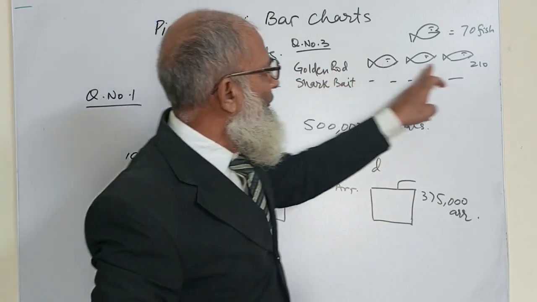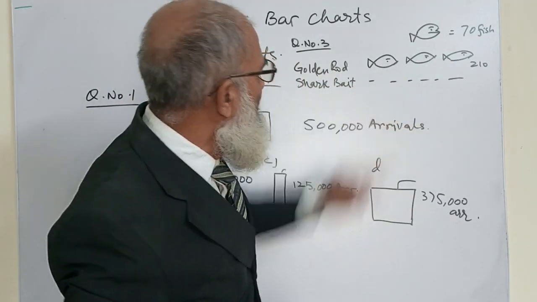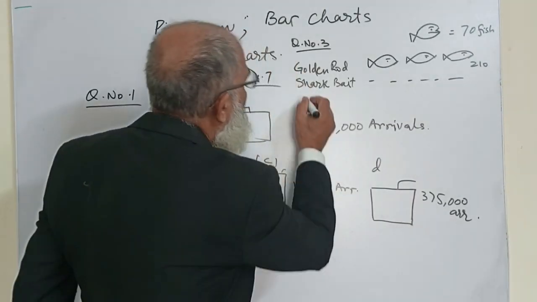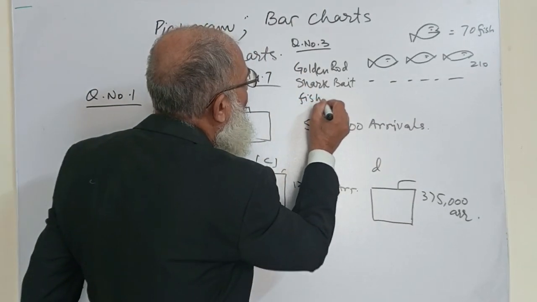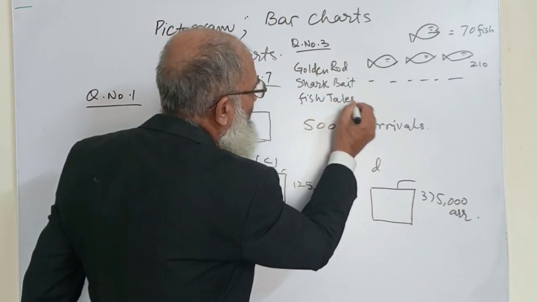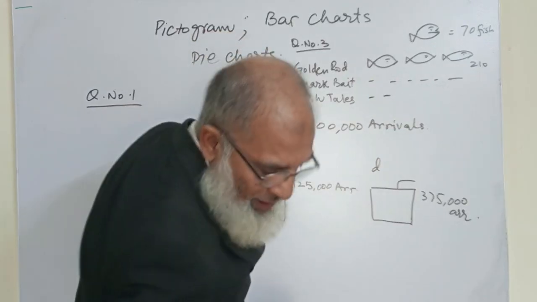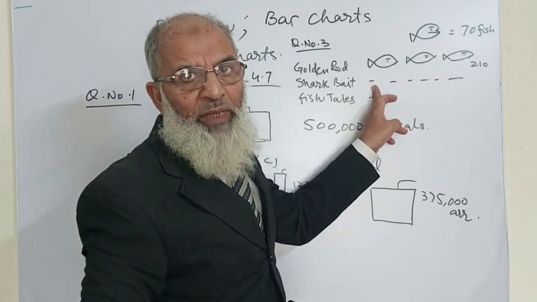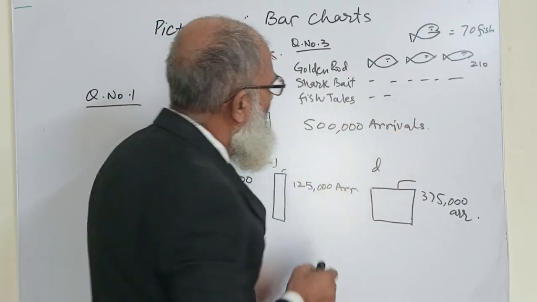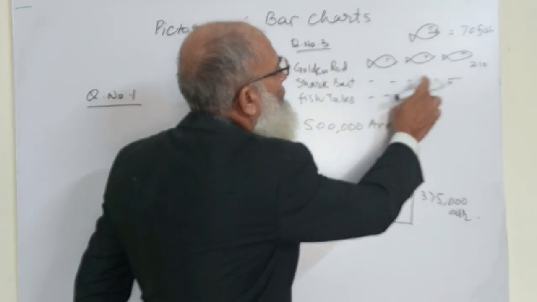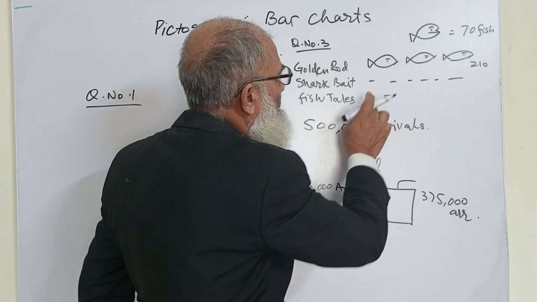With golden rod we can catch 210. With fish tails, now fish tails we can catch how many fish? Two. You just imagine that these are fish drawn for you. One, two, three, four, five, six, and one, two.